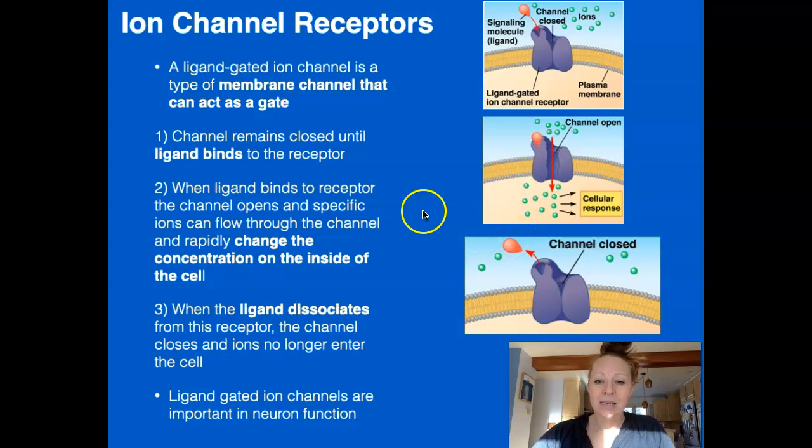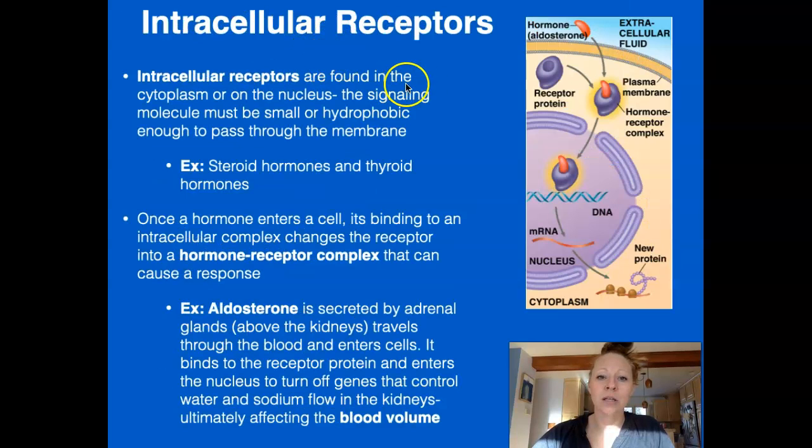So that is our third process, but we have one more process we're going to talk about, and this is intracellular receptors. Before we were talking about transmembrane proteins, right? Because we had to take the message from outside of the cell and bring it in. But if we're talking about intracellular receptors, we're talking about hormones or signaling molecules that are small and nonpolar.